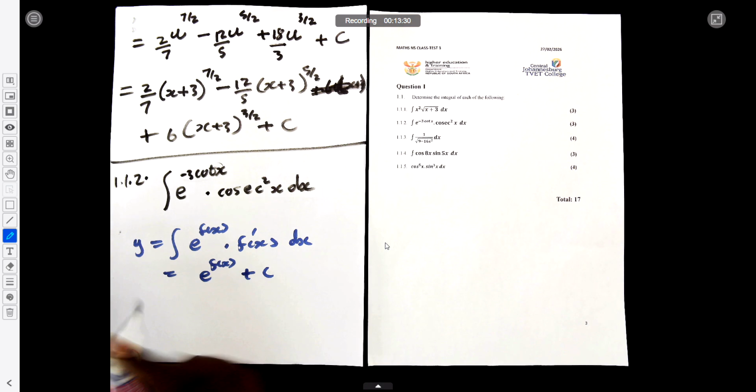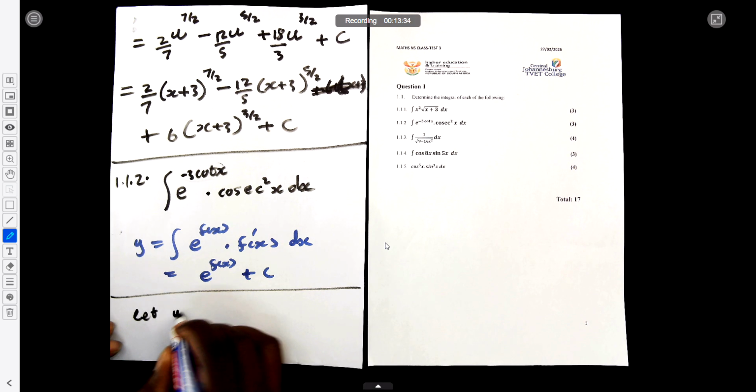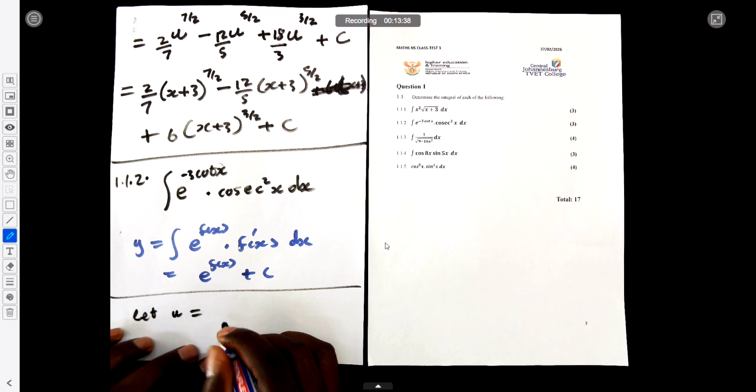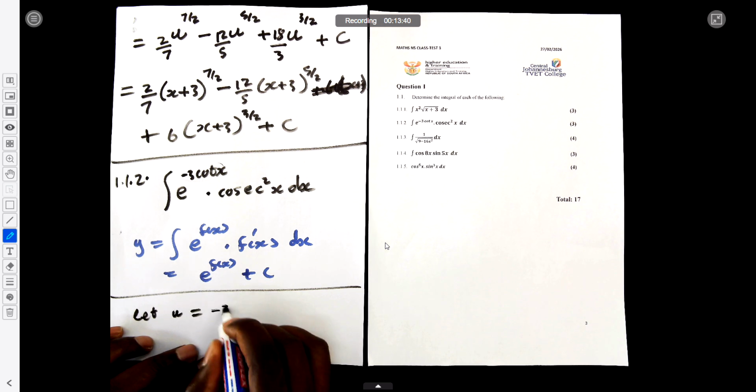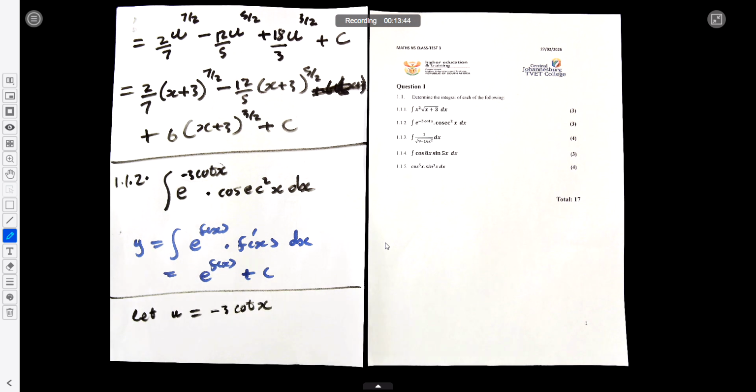But what if some wanted to say that I want to let u equal negative 3 cot x. Always when we let u equal something, for an exponential function, we let the whole exponent, even if it was a square root, be equal to u.